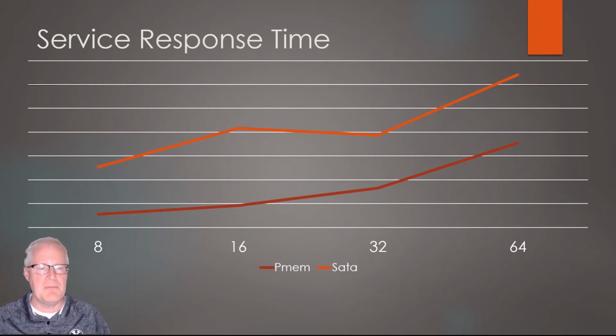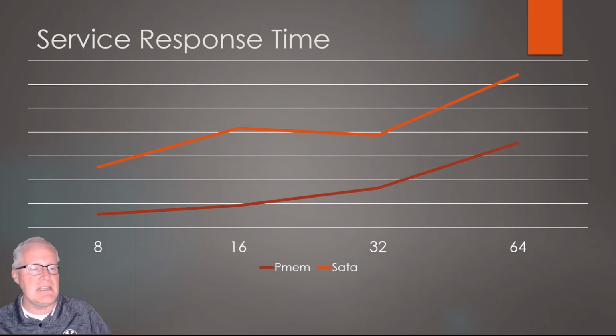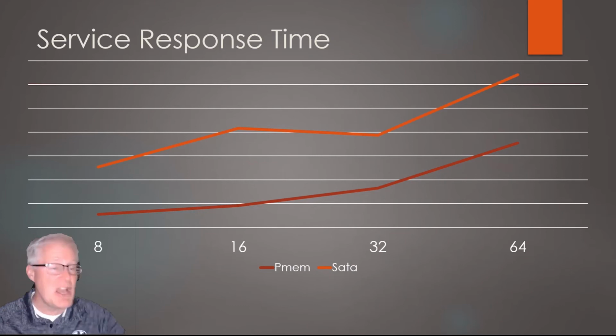Now, the lower the number, the better here, because that means I'm able to respond much faster to the queries that are coming in. If you notice here, again, we're getting over a 2x performance improvement. And in fact, at 16 test clients, we're actually getting almost 4x performance.